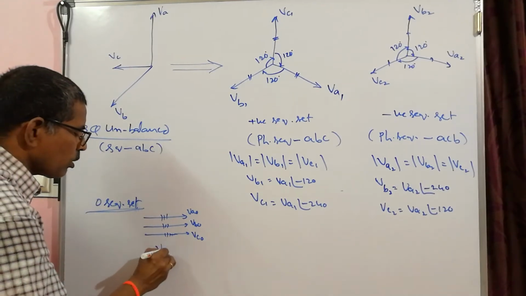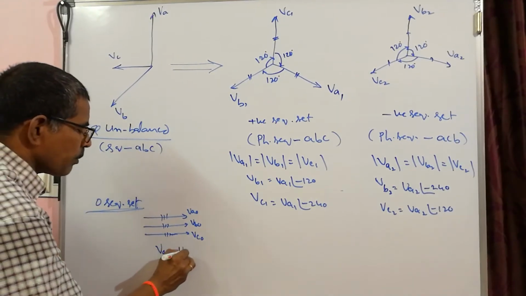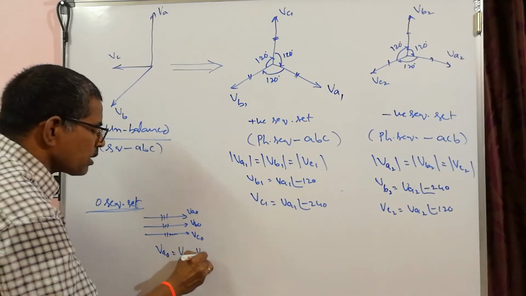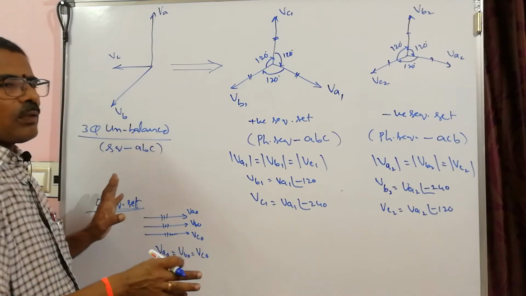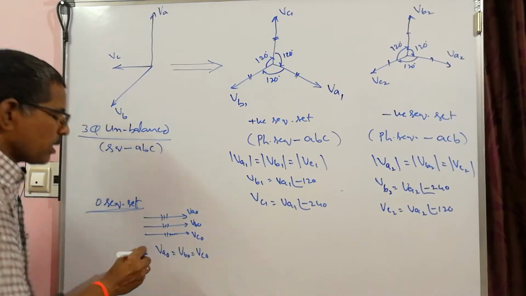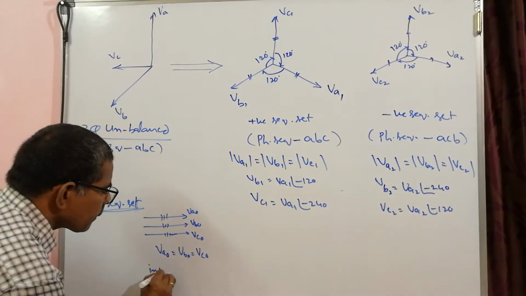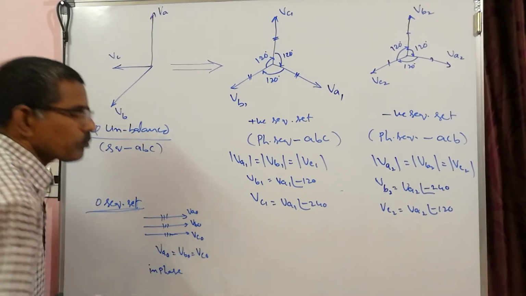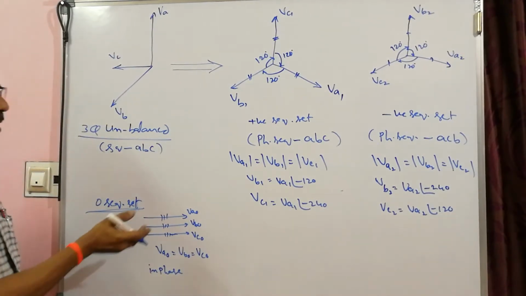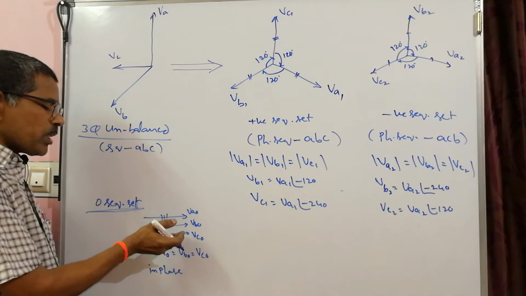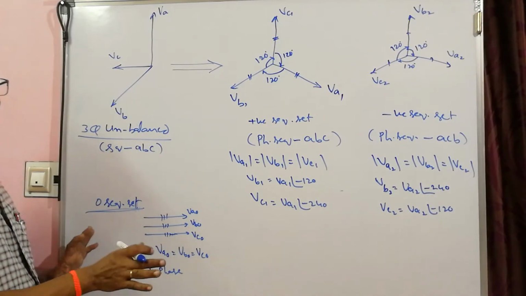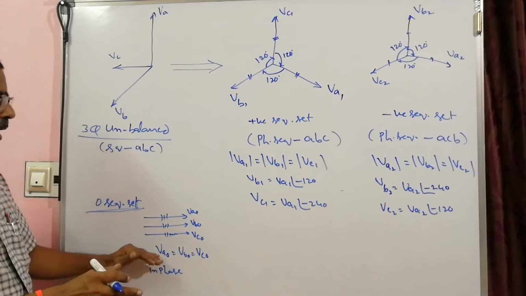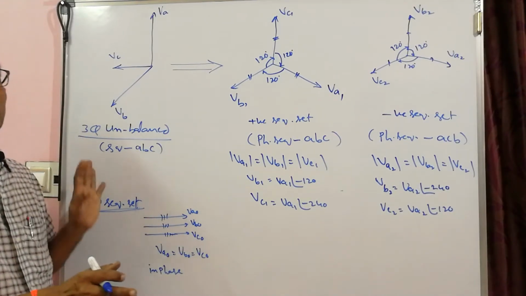So, VA0 is same as VB0, this is same as VC0. They are in phase, so no phase angular difference between VA0, VB0, VC0. Okay?